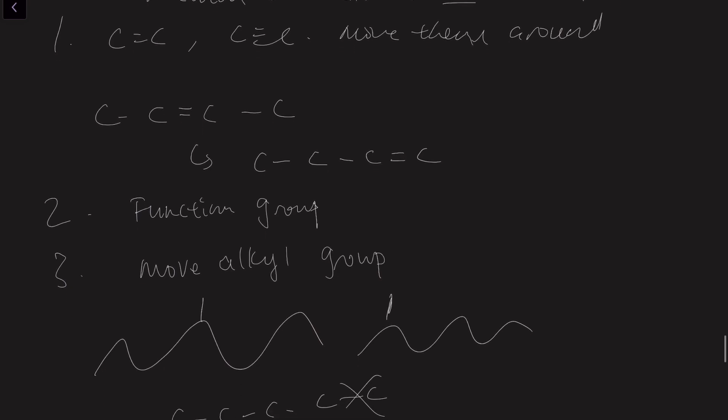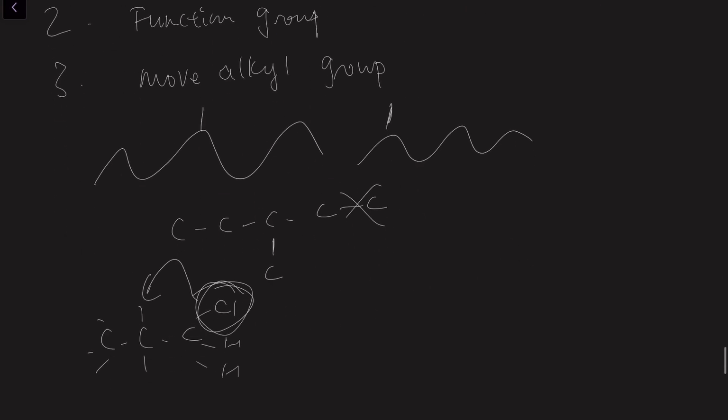The key idea is if you have some useful features like double bond, triple bond, or connection with elements other than hydrogen, move them around. If you have a very long carbon chain, cut off the carbon at the end and see if you can put that carbon as an alkyl group somewhere in the middle of the chain. So that's the strategies for you to find all different structural isomers.